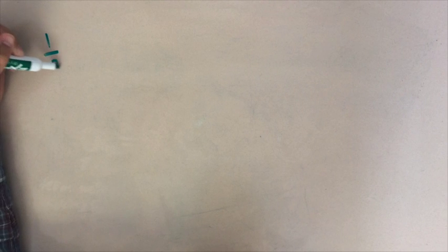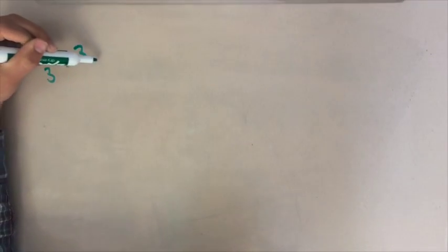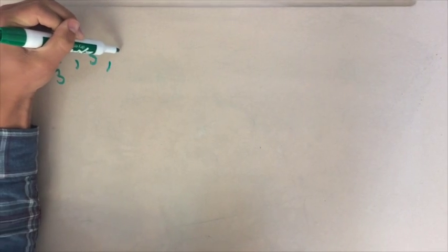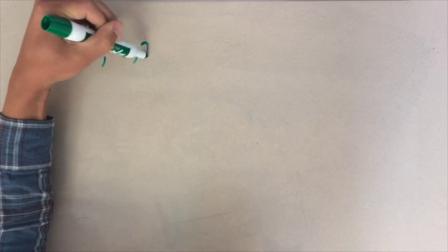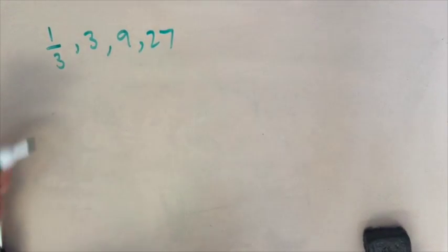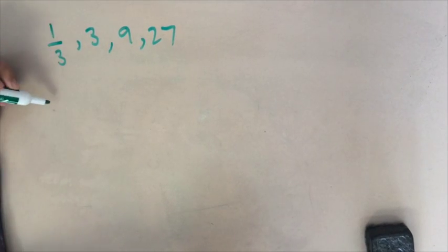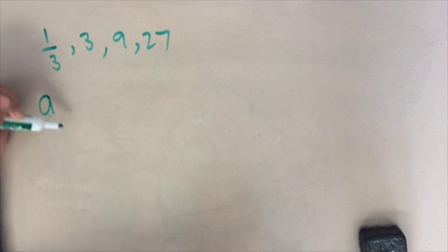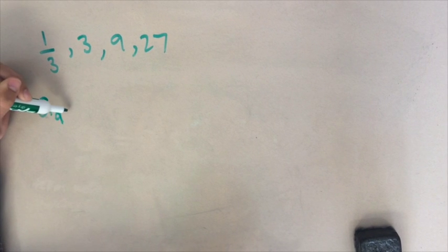Okay, so with the sequence 1/3, 3, 9, 27, and so on, say we want to find the ninth term of this sequence. So we'd be looking for a sub 9.